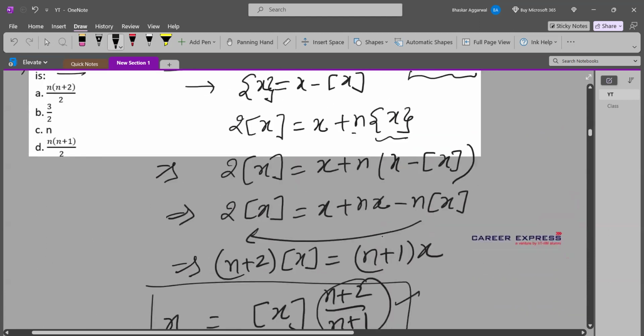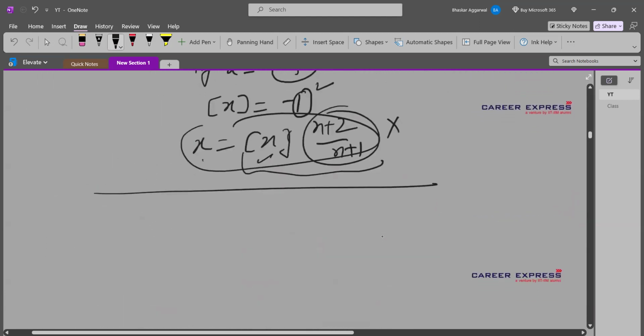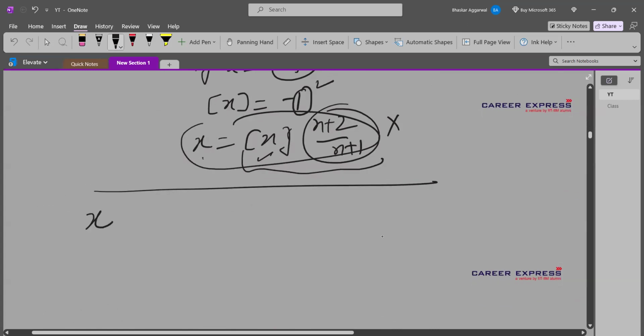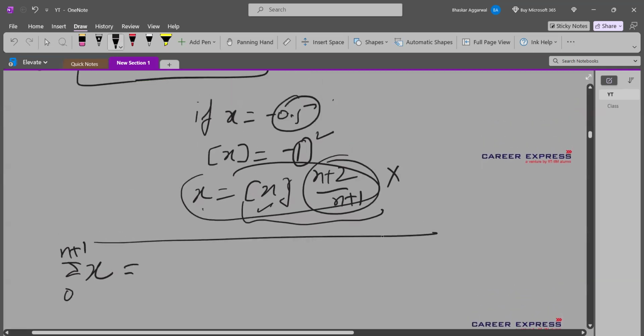Now we can think of adding these values. So if I add these values starting from 0 to n plus 1, we get, if x is from 0 to 1, box x will be 0. So 0.